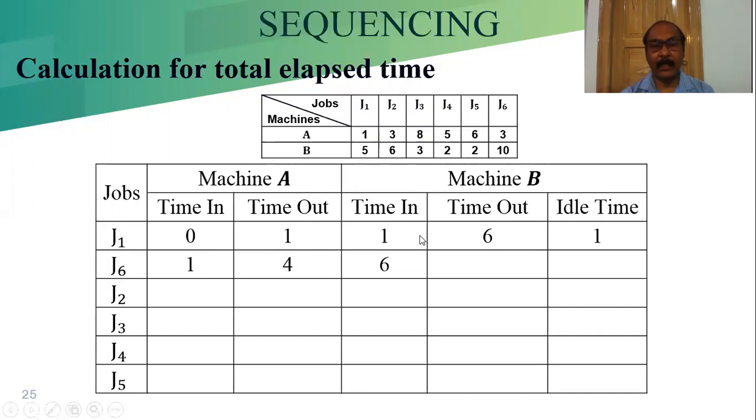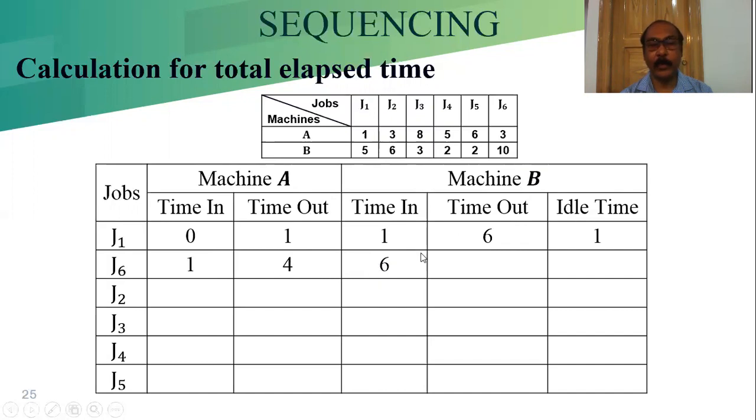Now see, unless job 1 completes in machine B, we cannot start job 6 in machine B. So as soon as job 6 is complete in machine A, we cannot start it.